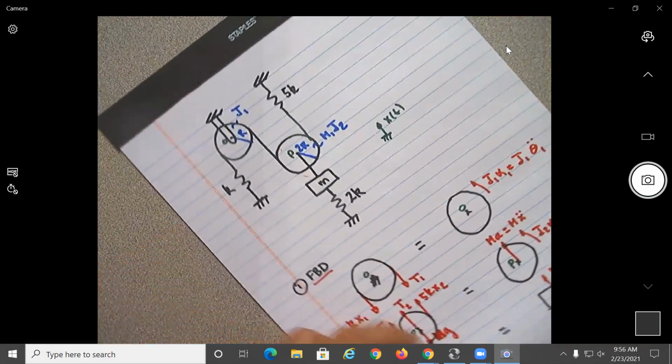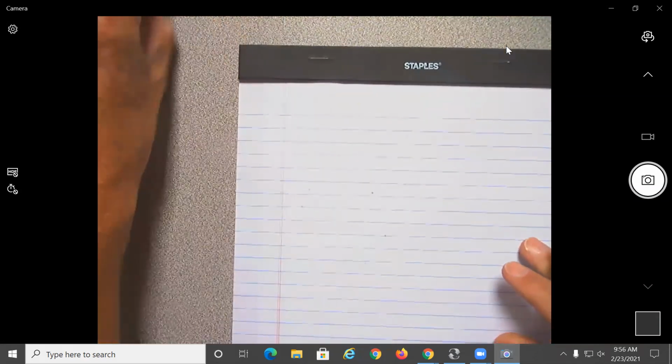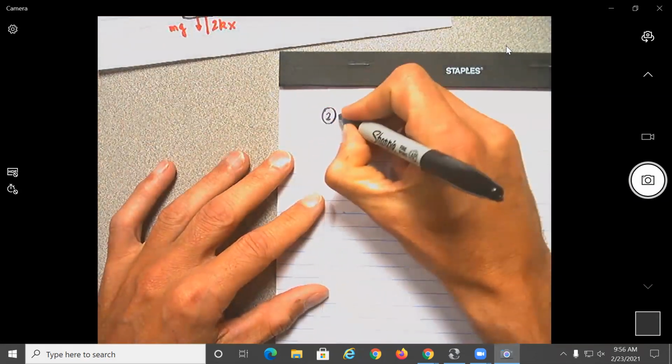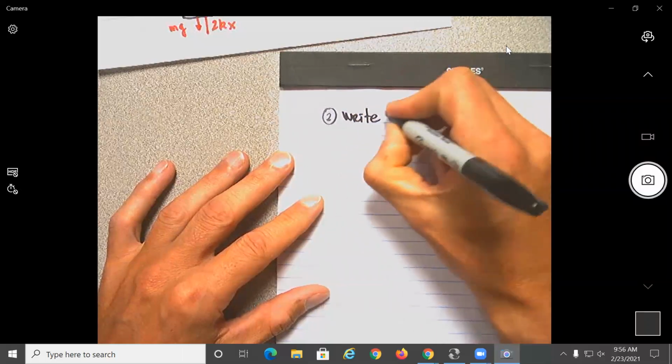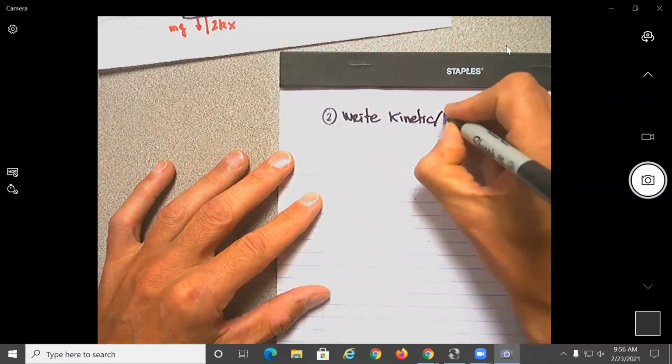All right. So again, I'm going to give you the steps, but you don't have to do it. Step 1, free body diagram. Step 2, right? I like to call them kinetic, but it's the same thing as saying dynamic equations.